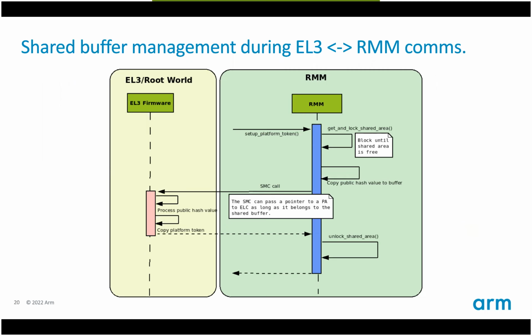No, because actually not all the calls need to use the shared buffer. The shared buffer is only used for calls that need to pass large data structures, such as calls to request a platform token or attestation keys. At the moment we anticipated that the buffer is not going to be heavily used, so it's not going to cause a lot of contention.